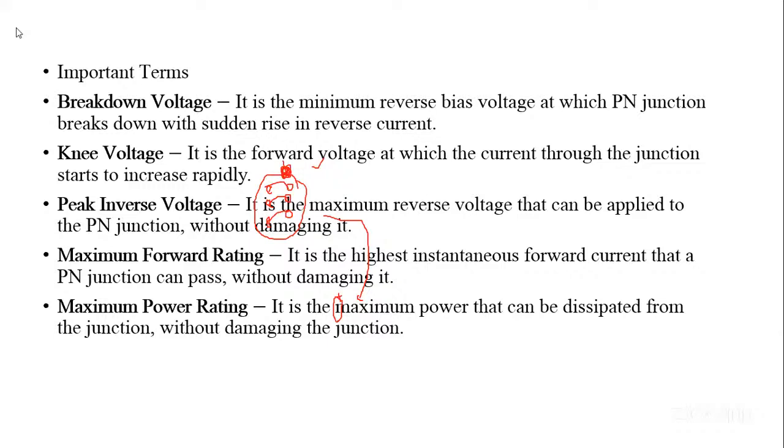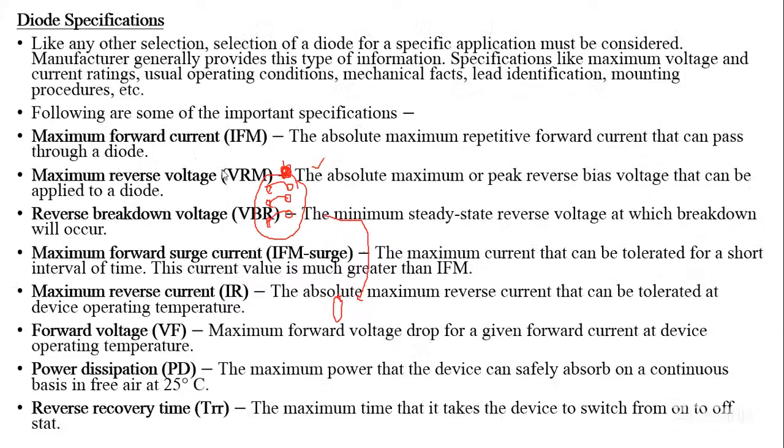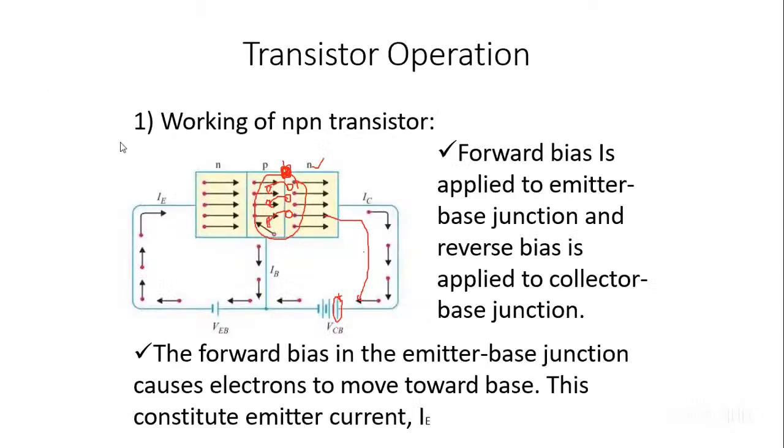Let me explain again. At this junction, assuming that this is not applied and this is not applied, we are going to have a potential barrier here that is wide.